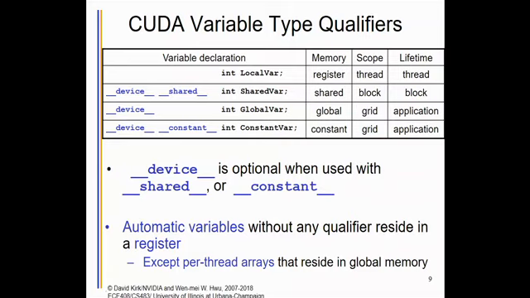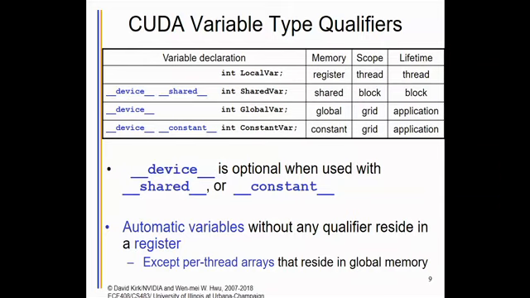And then there's the lifetime of these things, how long these values are preserved. The registers are only preserved through the thread lifetime. So when the thread completes execution, it's gone. The shared memory variables have the lifetime of blocks.